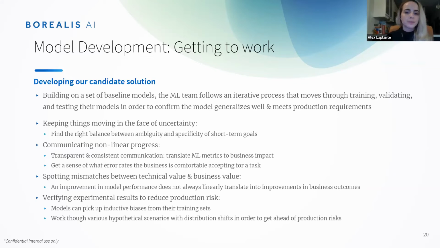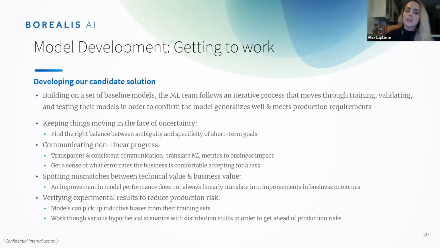And last but not least, one of the things that I wanted to mention here was this idea of verifying experimental results. Remember that machine learning systems are stochastic and they learn based off of historical data. And what that means is in production, if they see data that is outside of the input space that we provided them and all of the training that we've done, the model may behave in a very strange way.